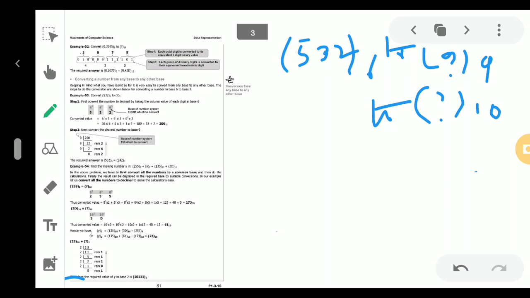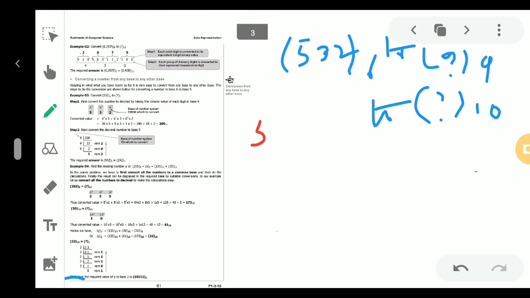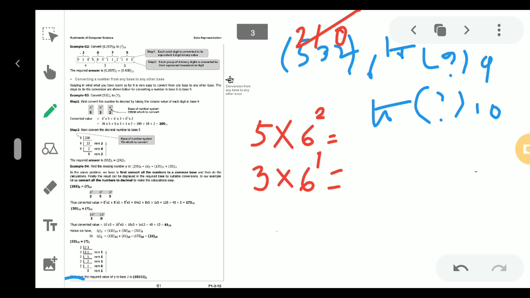So what will be my first thing? We will multiply 5 into 6 to the power 2, plus 3 into 6 to the power 1, and 2 into 6 to the power 0.